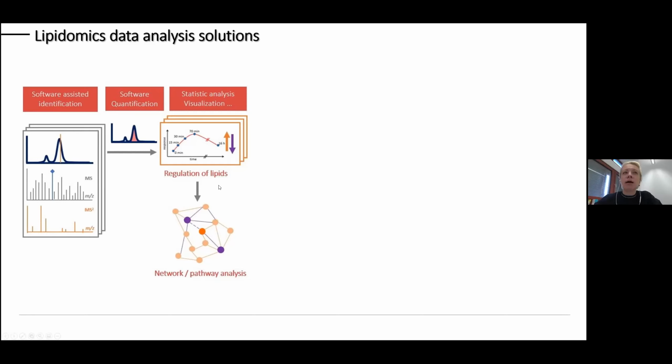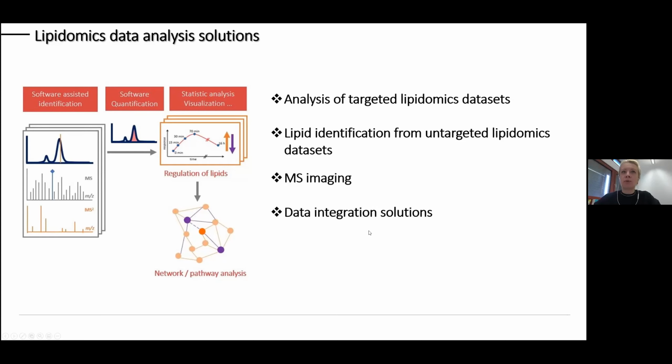So in order to help and assist you with this kind of data processing and to get you more familiar with what you actually can do and what tools are out there available, we invited several excellent speakers who are, in most cases, actually developers of those tools, to provide an overview about different data processing strategies, for instance, for targeted lipidomics, for untargeted lipidomics, but also for mass spectrometry imaging and data integration solutions.